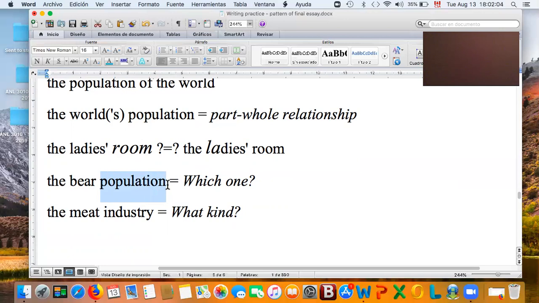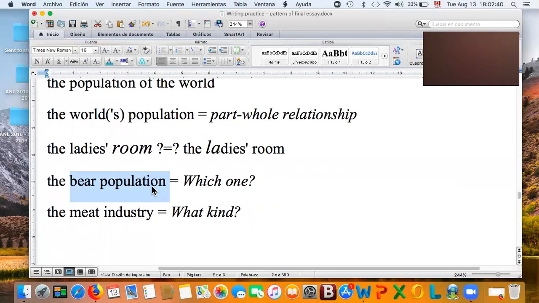That's a very generic word. Now within that very general category, what can we say to make the category more specific? In other words, what do we do to answer the question, which population? What kind of population? Take 3 seconds and guess how to pronounce this. That's the bear population. The bear population.